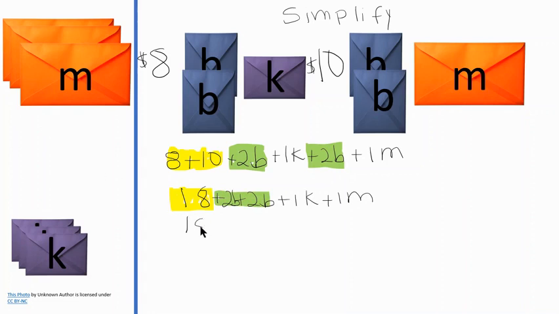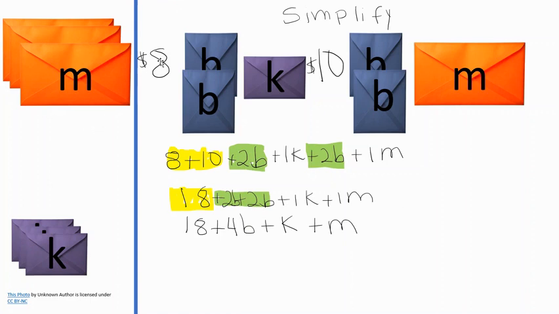I can say that this is 18 plus 2 plus 2 is 4. 4b plus, if it's only 1, I don't write the 1, k plus m. And this is simplified, which is what would happen if I move these things together.